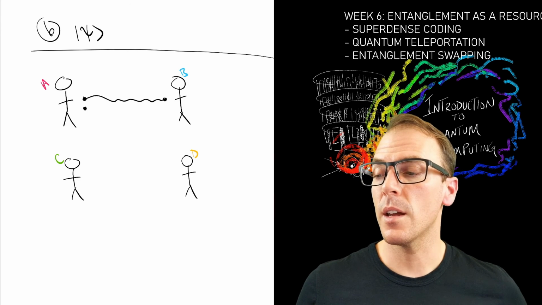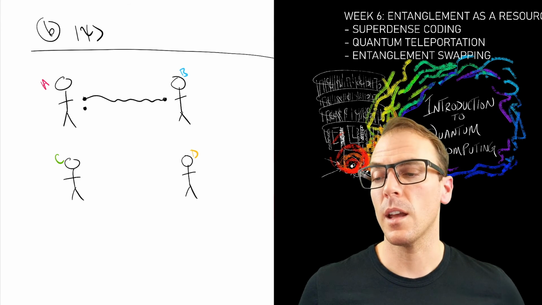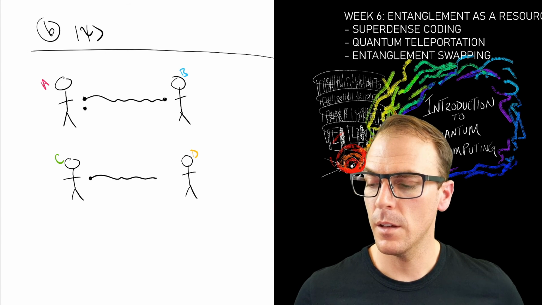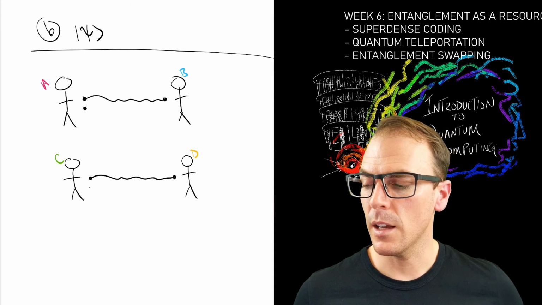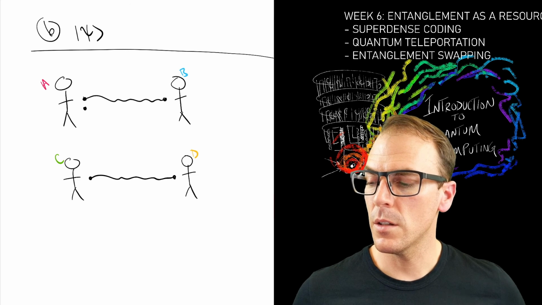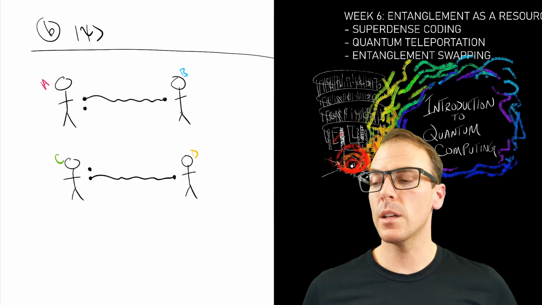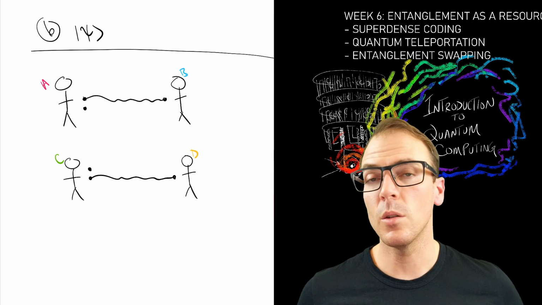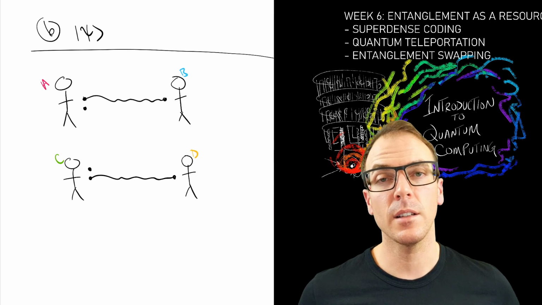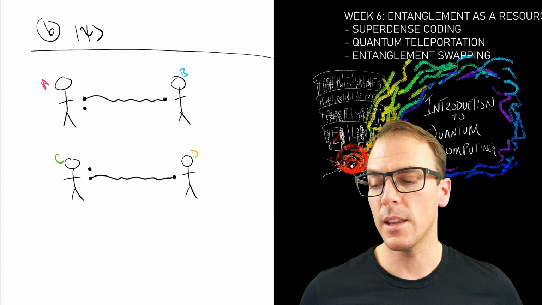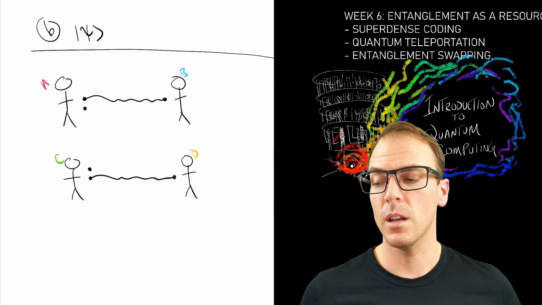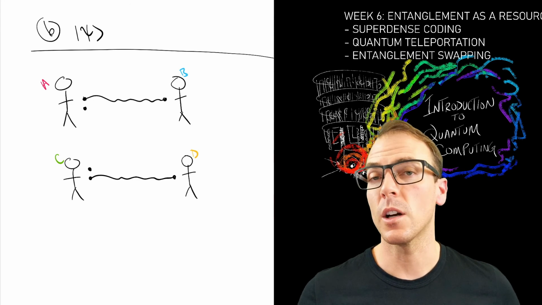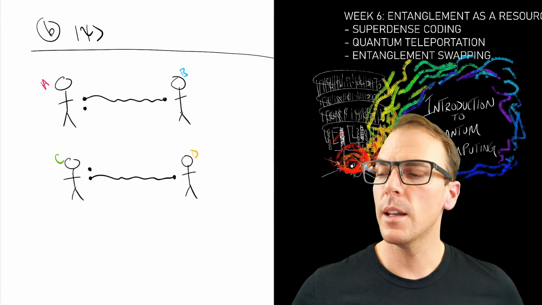She wants Bob to end up with her second qubit. Charlie and Diane have the same scenario. They share some entanglement. Charlie is going to perform a measurement on his 2 qubits, communicate that classically to Diane, and then Diane is going to end up with the state of her qubit being the original state of Charlie's second qubit.